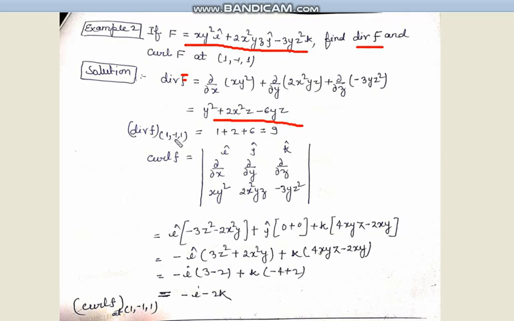Putting x = 1, y = -1, z = 1, we get divergence of F equal to 9. Similarly, we can find curl of F by this matrix, putting the values and then finding its determinant along the first row, and after solving these terms, we get the value at point x, y, z equal to −1 − 2i.